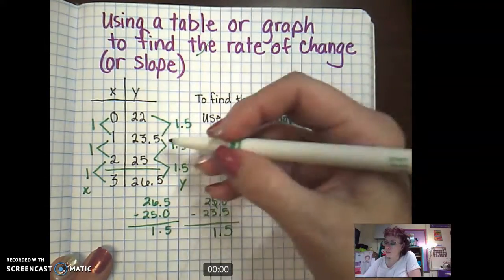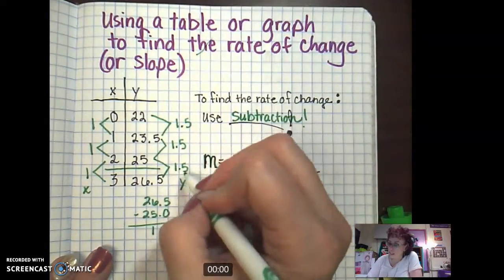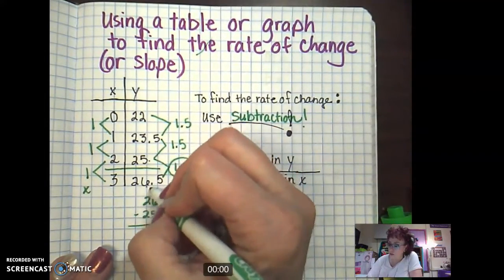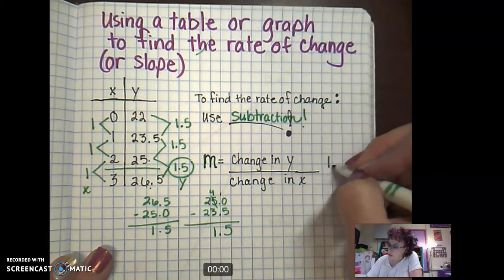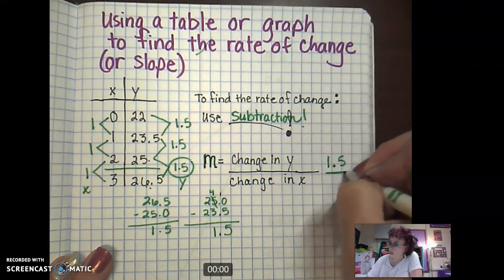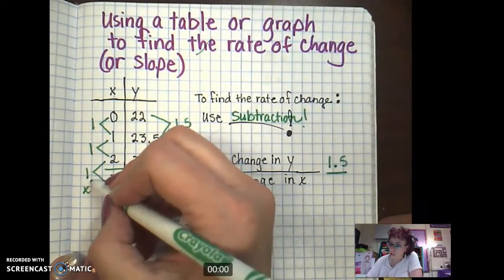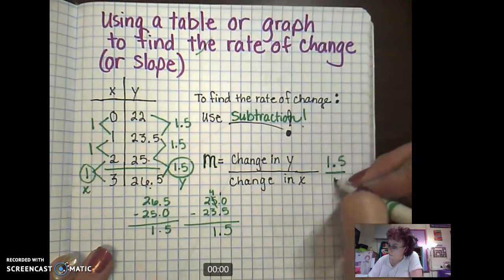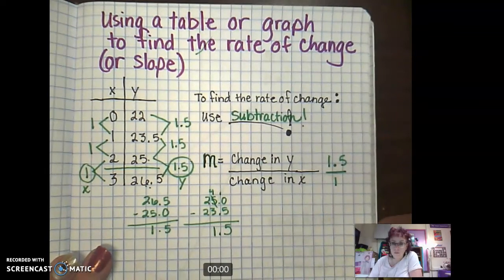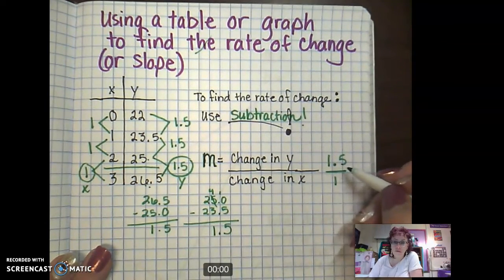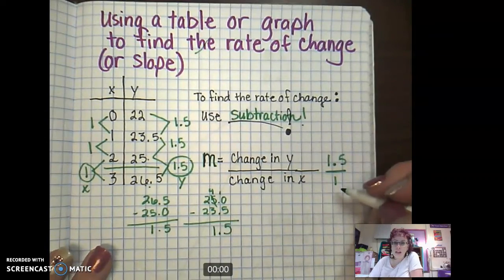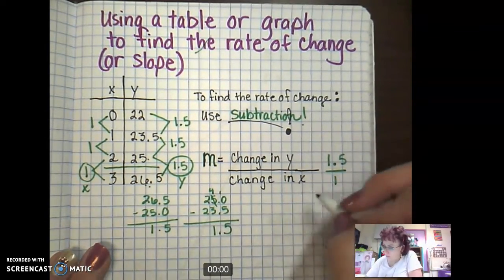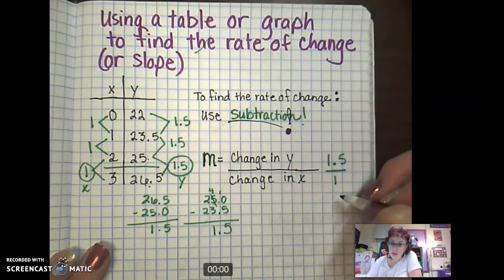So to determine my rate of change, I'm taking the change in these two y values over the change in these two x values. So the rate of change is 1.5 over 1. When you're writing slope or rate of change, you don't need to put the 1 on the bottom.